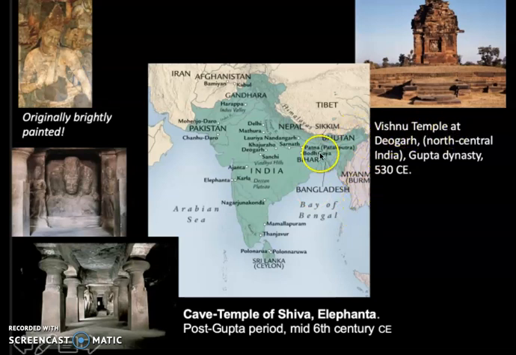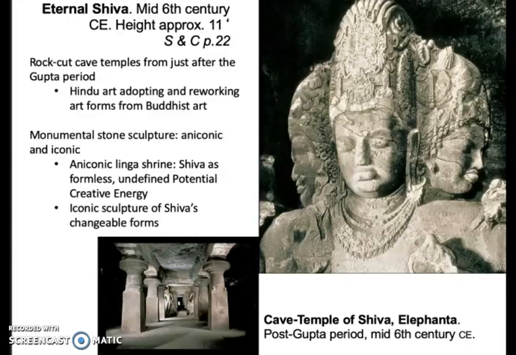So the Vishnu temple at Deogarh right here in the Gupta dynasty, that's a northern style example. At roughly the same time, here on the southwestern coast, we have this glorious temple at Elephanta, which is a temple to Shiva, one of the rock-cut cave temples that are created just after the Gupta period, and which show us Hindu art is in close relationship with Buddhist art.